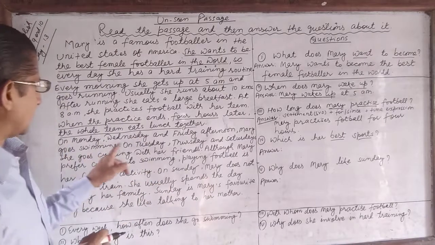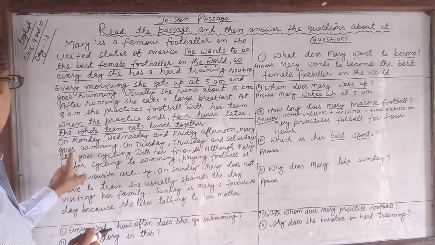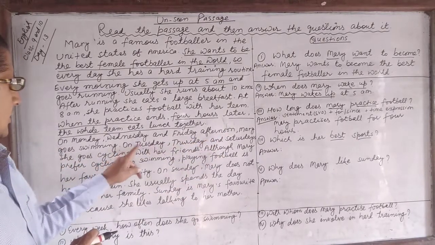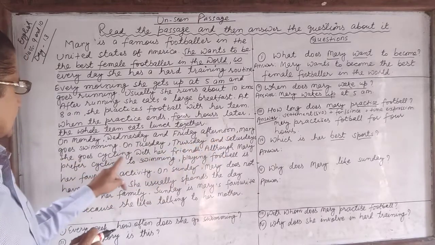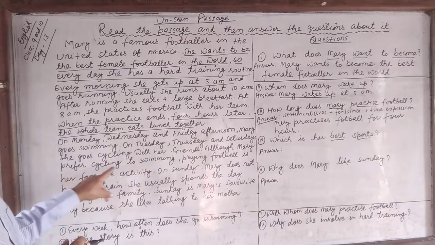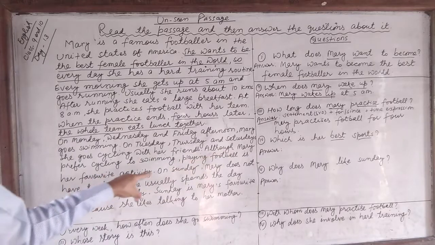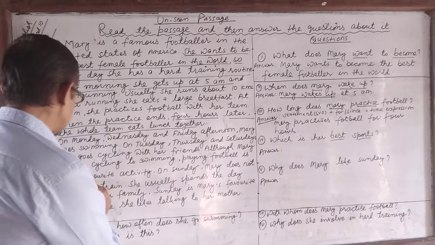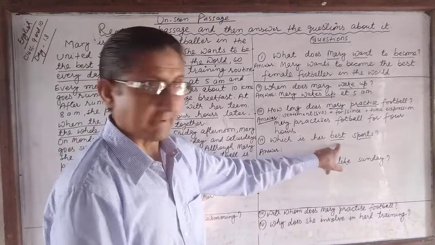On Monday, Wednesday and Friday afternoon, Mary goes swimming. On Tuesday, Thursday and Saturday, she goes cycling with her friends. Although Mary prefers cycling to swimming, playing football is her favorite activity. Favorite activity. Favorite means best.